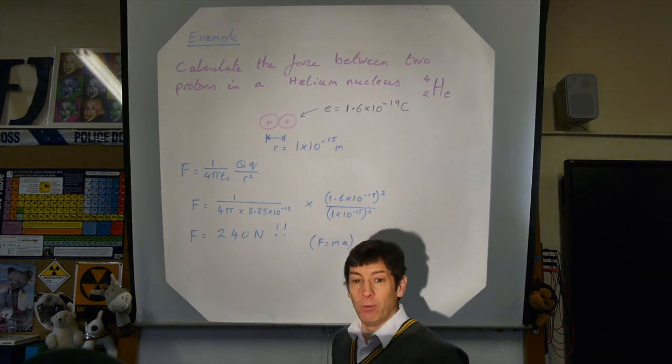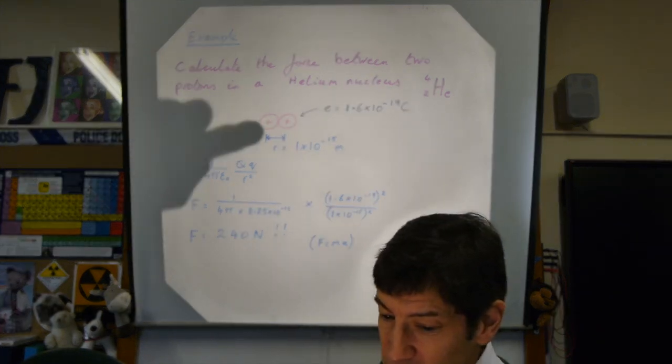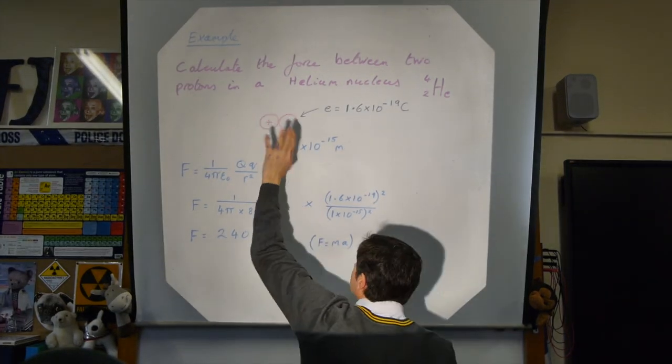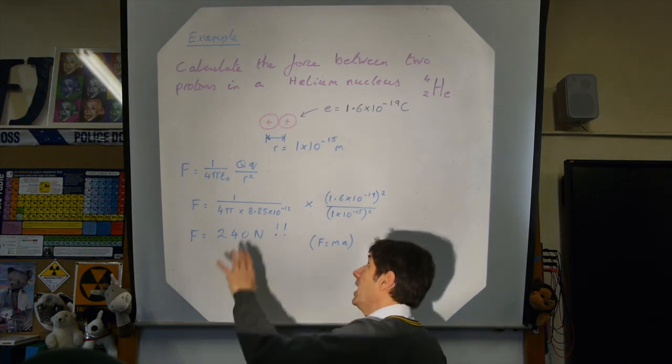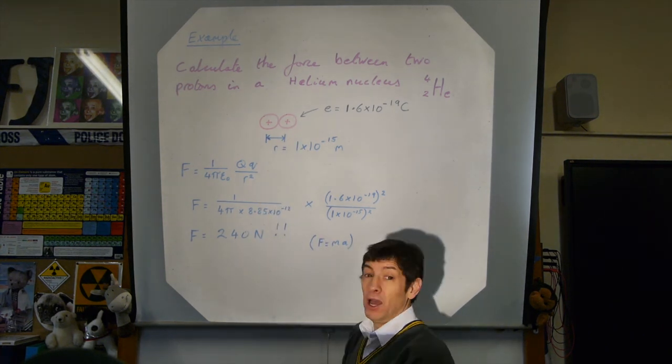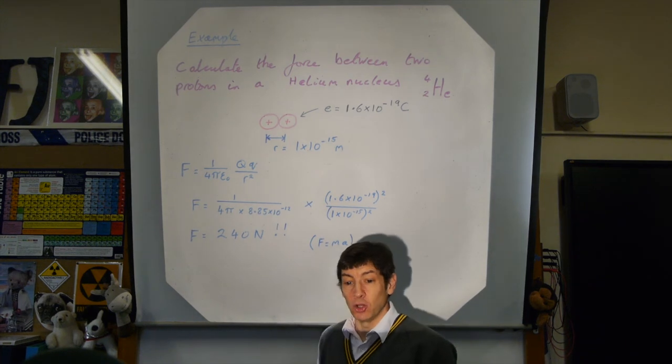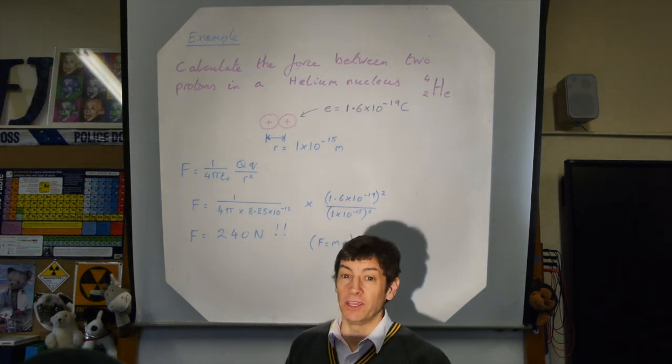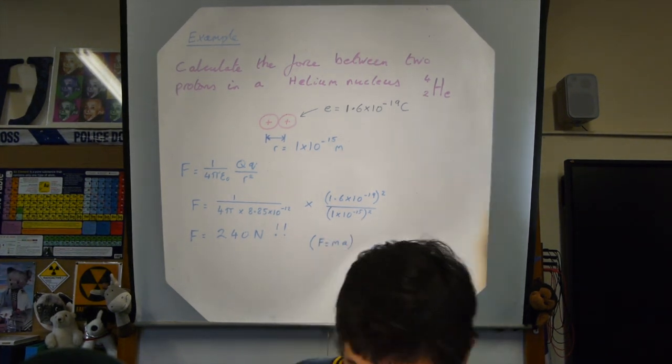But the point I want to make is there must be something gluing these together. There must be a different field that we don't really do at A-level. We just mention it, called the strong nuclear interaction or the strong nuclear force.